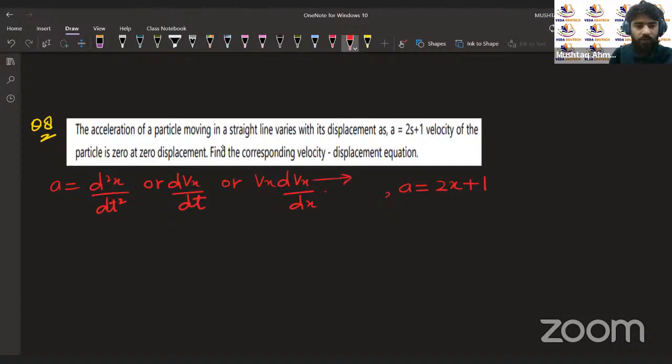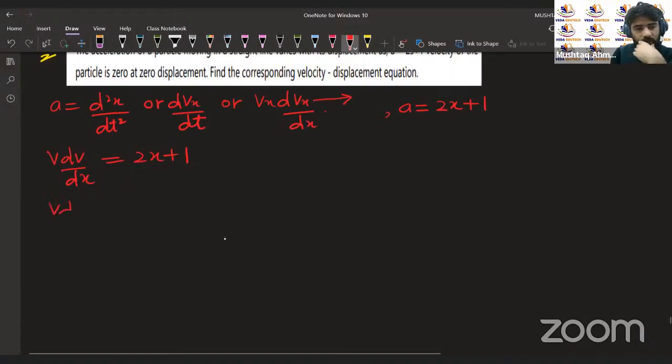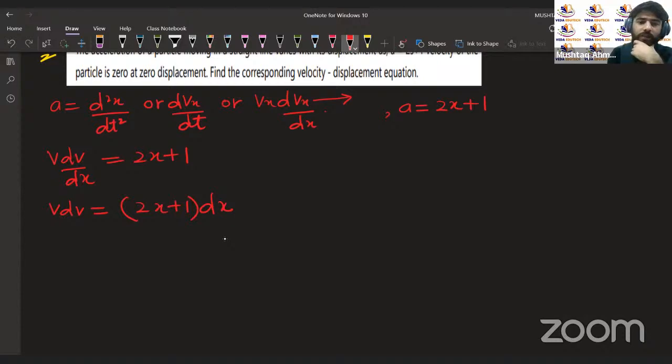So we can substitute the value of a as v dv over dx, that will be equal to 2x plus 1, right? So v dv will be (2x plus 1) dx. Now we'll be integrating this equation on both sides between the proper limits.